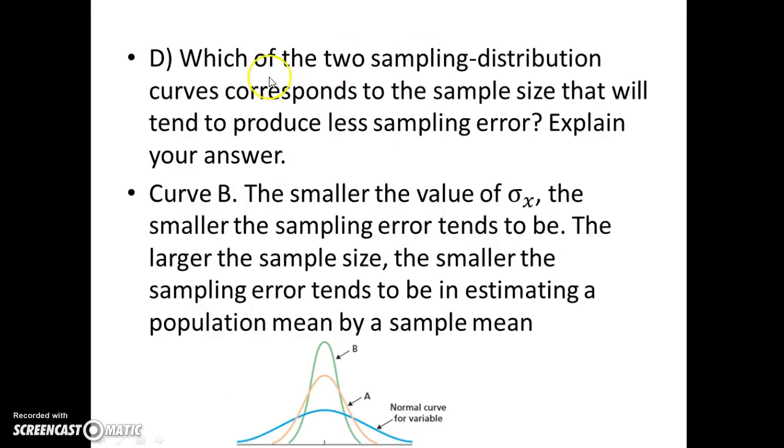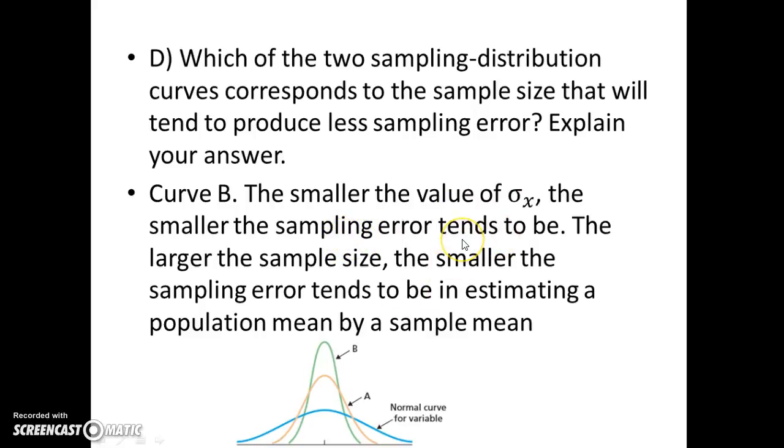Which of the two sampling distribution curves corresponds to the sample size that will tend to produce less sampling error? Okay, if you want to get less sampling error, the standard deviation should be small. So if the standard deviation is small, we get a smaller sampling error.